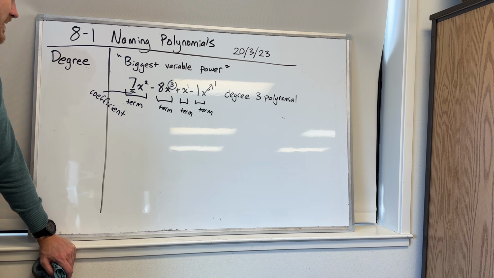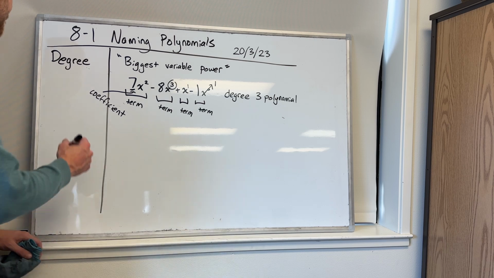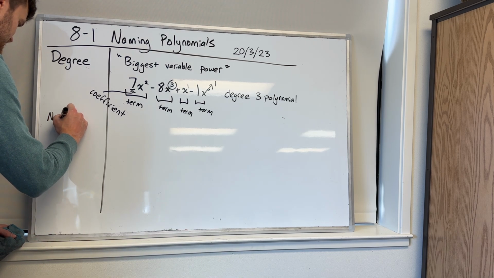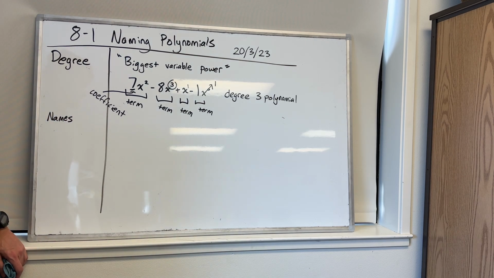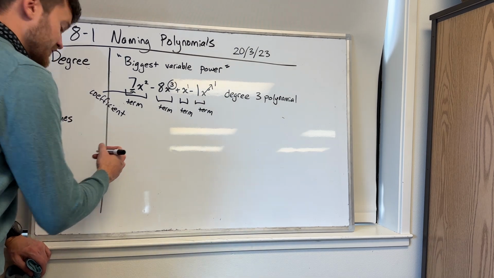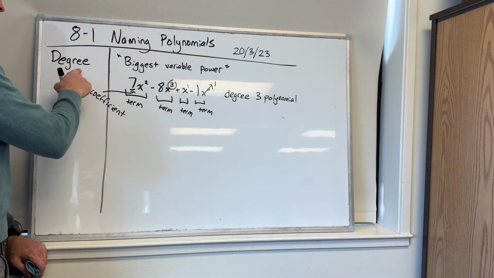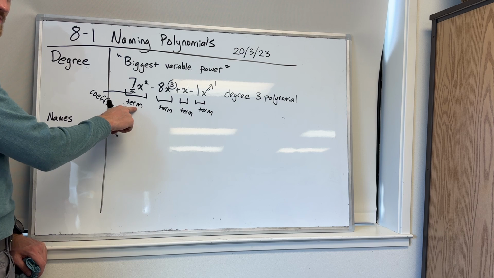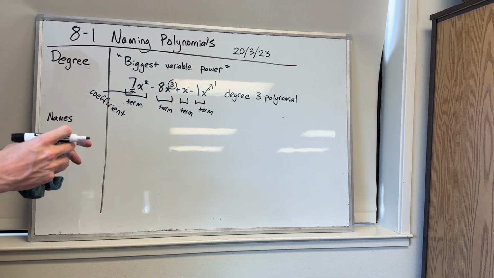All right. I'm going to make a table of the names. Ready, set, making a table. The first table is going to be talking about degree. The next table is going to be talking about terms, and you're going to put those together.